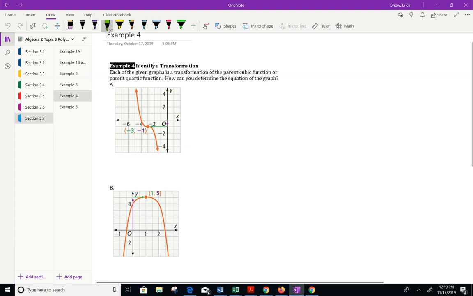And really, when you're worried about transformations like this, you're only worried about what's happening inside and outside. So this is obviously a cubic function. It's a negative because look at the behavior, guys. It's going down, it's decreasing. And then our x was moved 3 to the left, and our y was moved down 1.